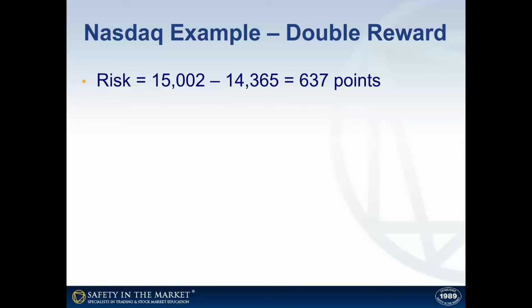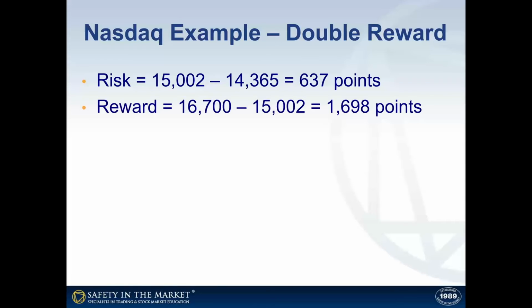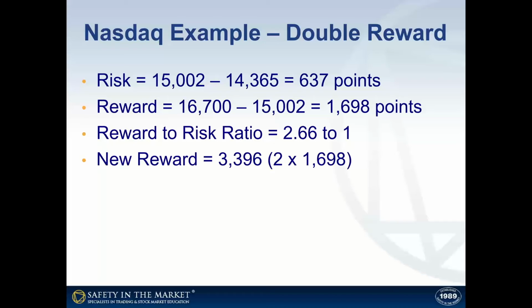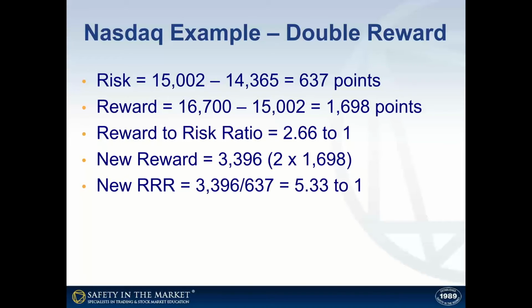We had a risk of 637 points and we had a reward of 1,698 points. And that gave us a reward to risk ratio of 2.66 to 1. Let's double the reward to risk ratio by doubling the reward. The new reward becomes 3,396 points. And our new reward to risk ratio becomes 5.33 to 1.